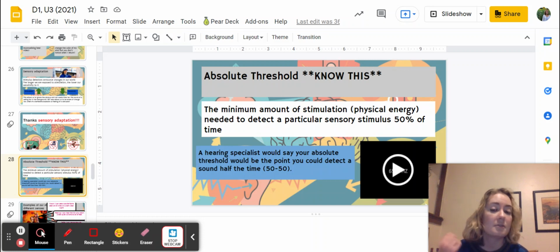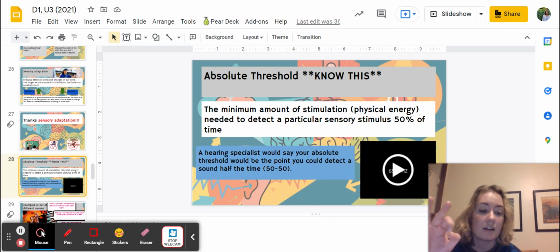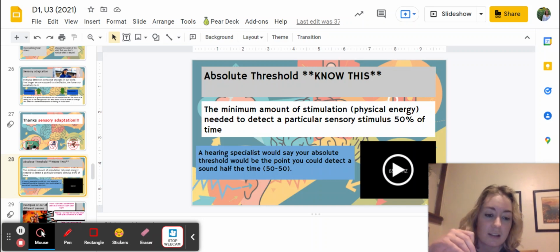What they're doing with the hearing test is they're trying to figure out the minimum amount of stimulation, meaning noise in this case for hearing, needed for you to detect it correctly 50% of the time.